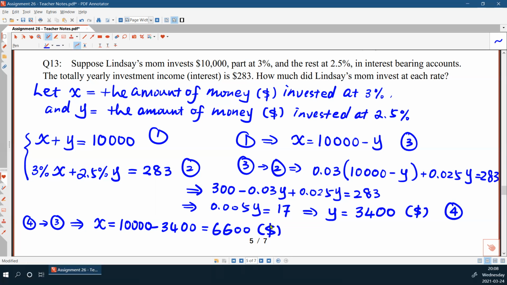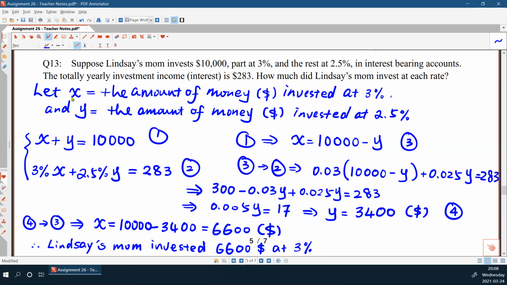Okay, so now we can make the conclusion. Lindsay's mom invested $6,600 at 3%, right?